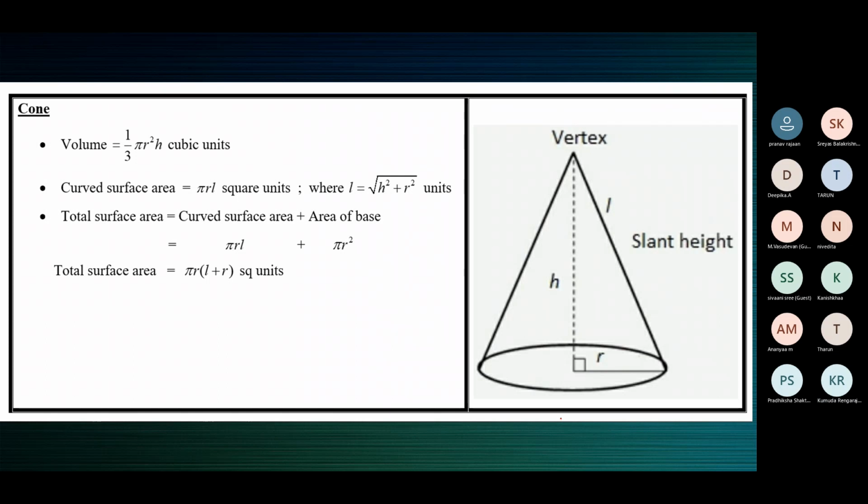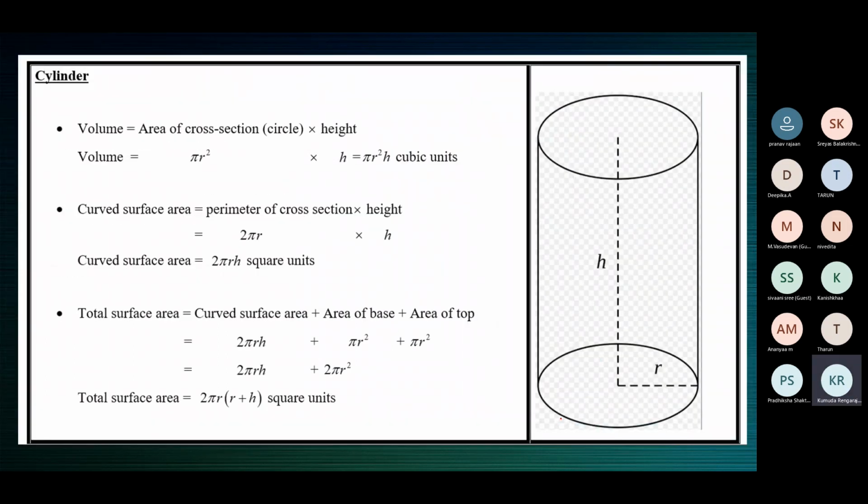Now, this is a cylinder of radius R and height H. If you have a cone of the same radius and same height, then the volume of the cone will be 1/3 of the volume of this. Let me come again, I think I was fast.